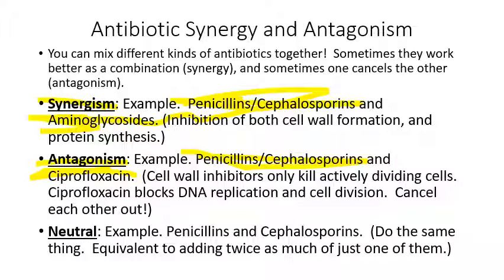That's an example of antibiotic antagonism. And then neutral: if somebody takes penicillins together with cephalosporins, it doesn't matter because they're both doing the same thing. If you took twice as much penicillin, it would be the same as if you took penicillin plus cephalosporin. So these are the three different relationships that are possible.